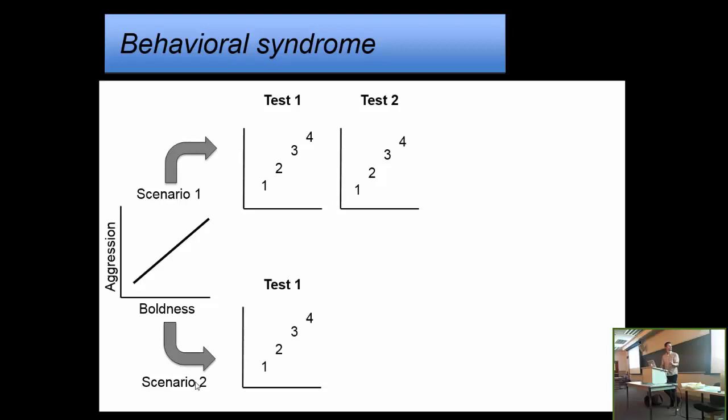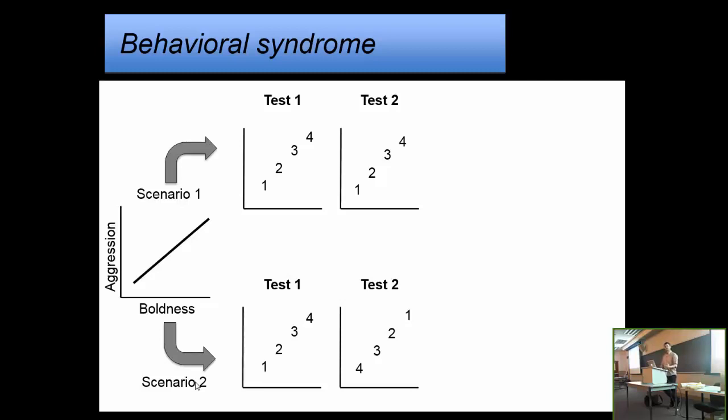Alternatively, could have a situation where on the next test, that high boldness, high aggression individual is now the low boldness, low aggression individual. This has actually been documented a number of times. I think it was one of Alison Bell's earlier papers that noted in stickleback there was a relationship between aggression and boldness, but not necessarily consistency between individuals in the average level of those traits.